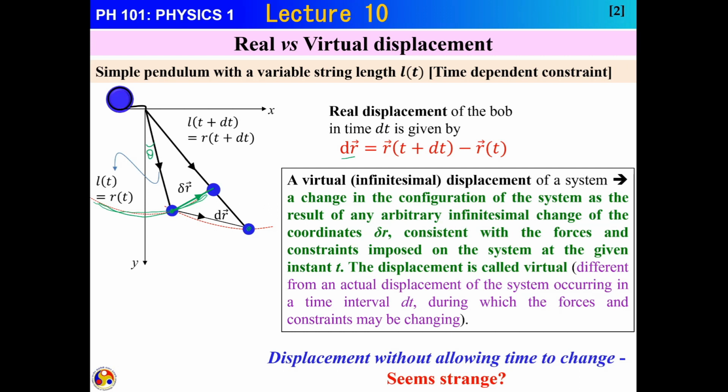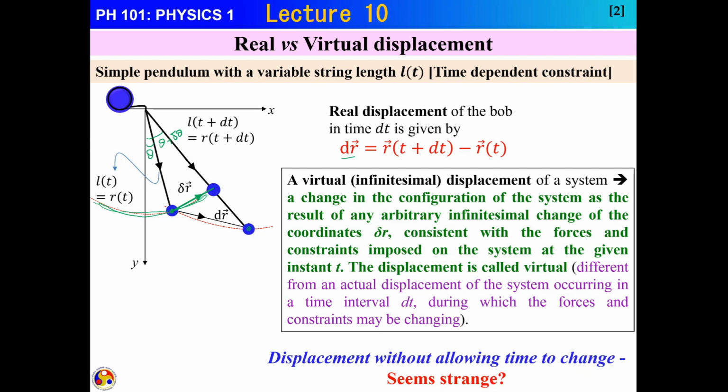Now we have to make an infinitesimal displacement such that the constraints of the system remain the same, in the sense if I move this pendulum from theta to theta plus delta theta, then if there should be a constraint, then what will happen? Then the length of the pendulum remains unchanged. That is a constraint here.